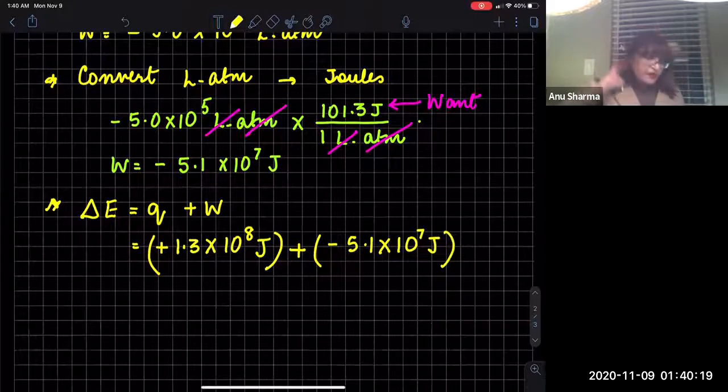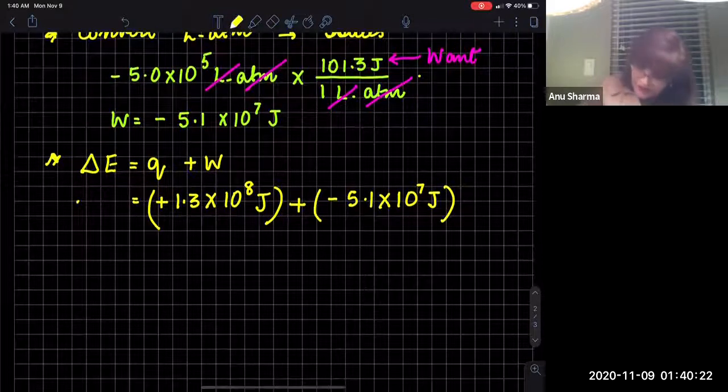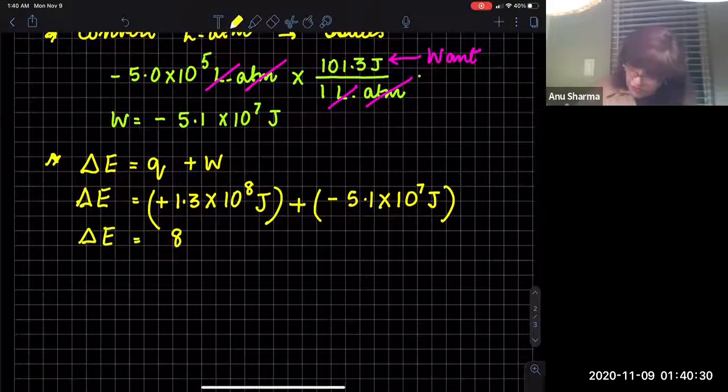When you finish this, the value of delta E comes out to be 8.0 into 10 to the power 7 joules.